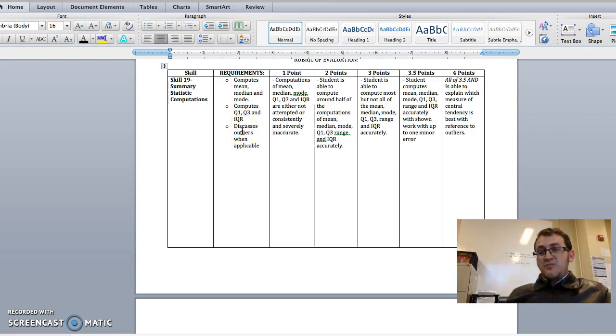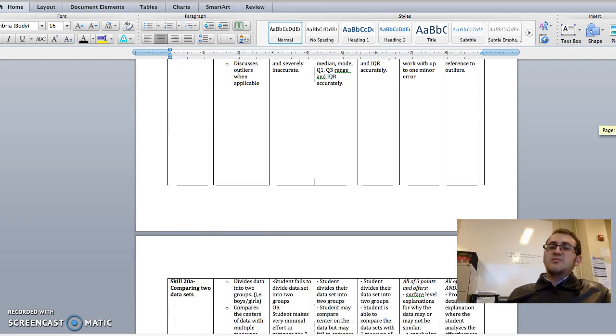And whenever applicable, I want you to discuss the outliers. You can see what the 1 point, the 2 point, the 3 point, the 3.5, and the 4 is going to be looking like on that scale. If you are referring to the outliers and computing the sample statistics accurately, that's what it takes to get a 4.